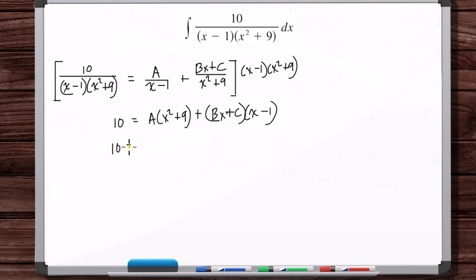Okay. So we've got ax squared plus 9a plus bx squared minus bx plus cx minus c.